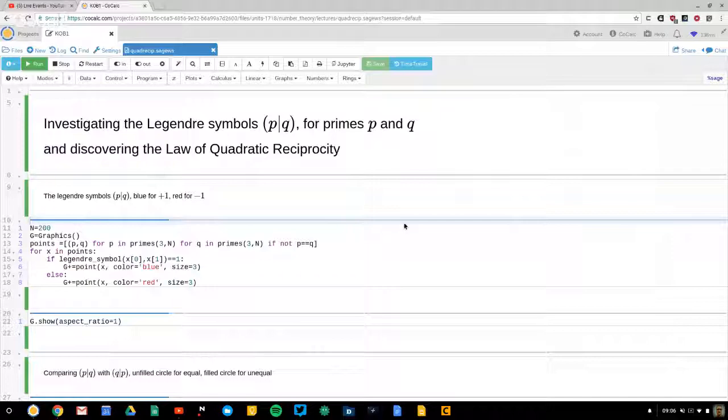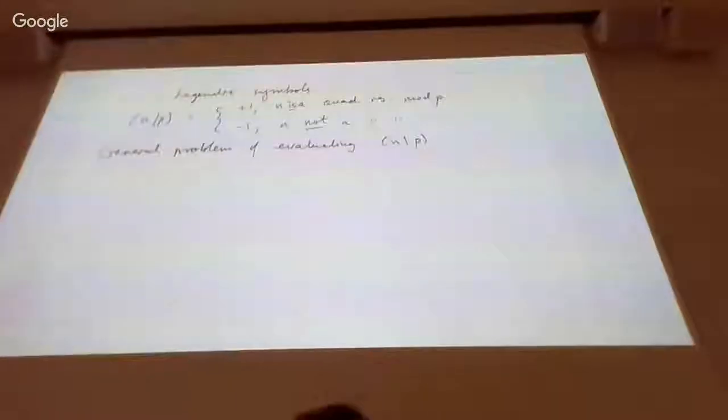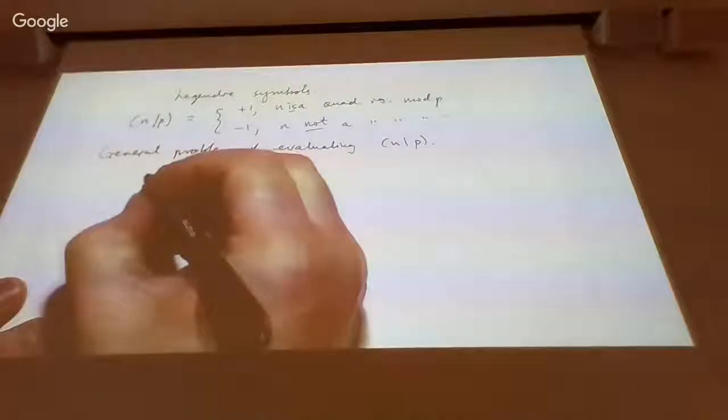Given an n and given a p, is n a quadratic residue mod p? Is it not? What we seek is a nice, sophisticated, systematic way to answer that.